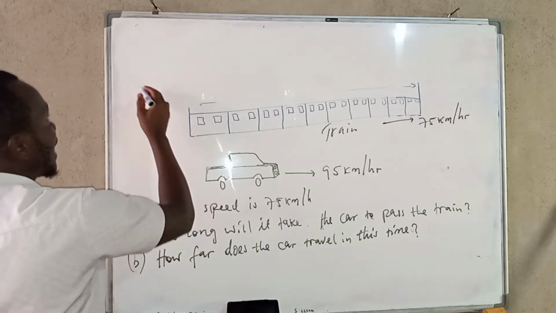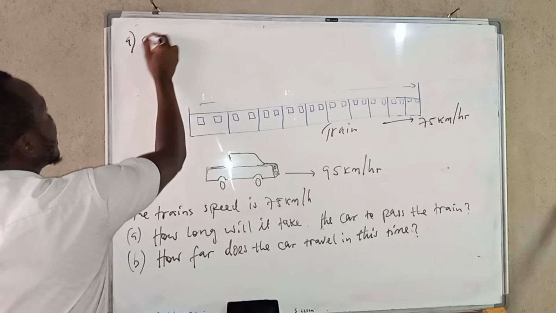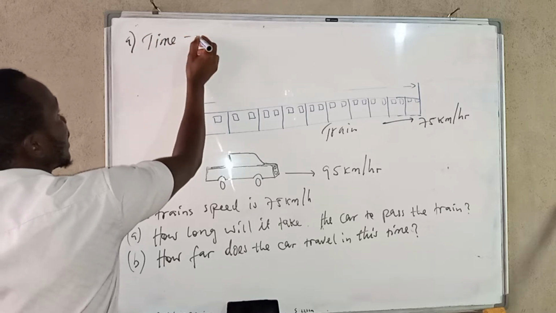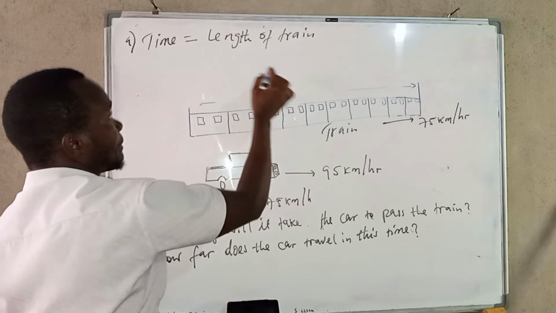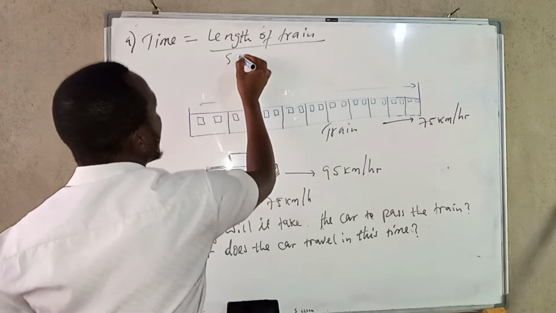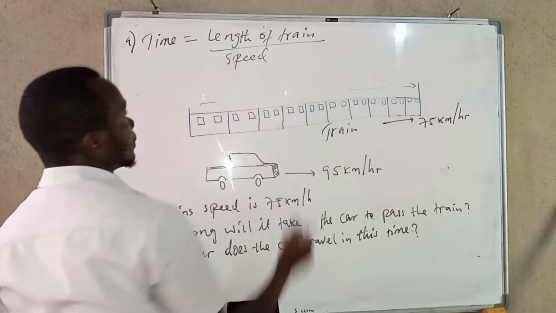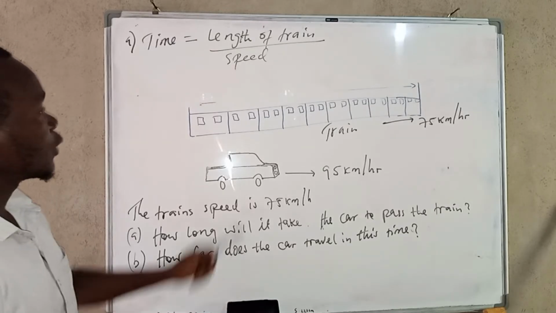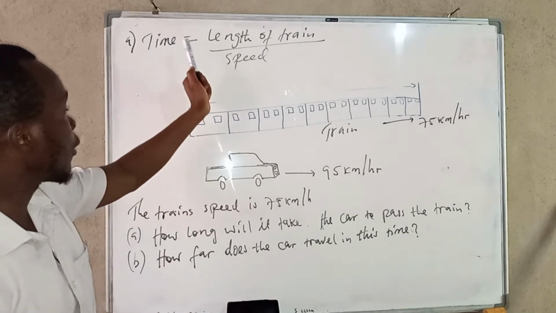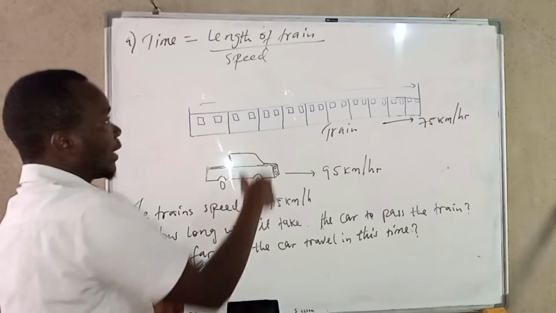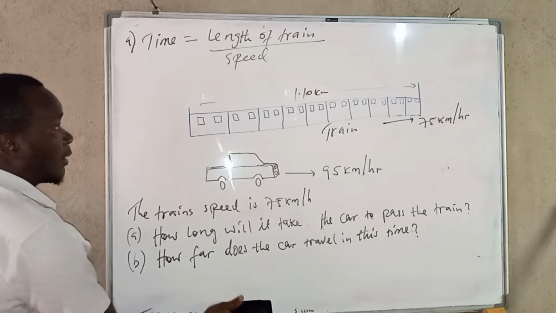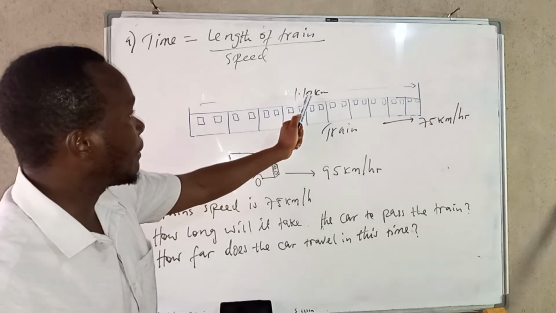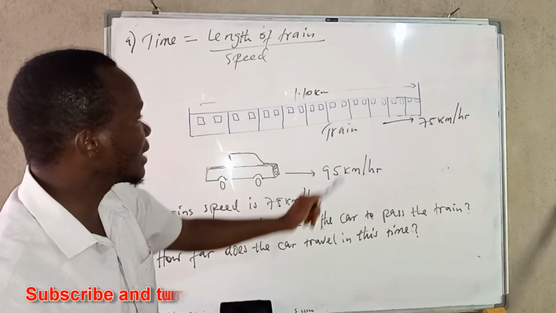In order to find the time, which is A, time is calculated using length of train over the speed or velocity. So this is the formula for calculating the time when we are looking at scenarios of this kind. For length of train, we have 1.10 kilometers.